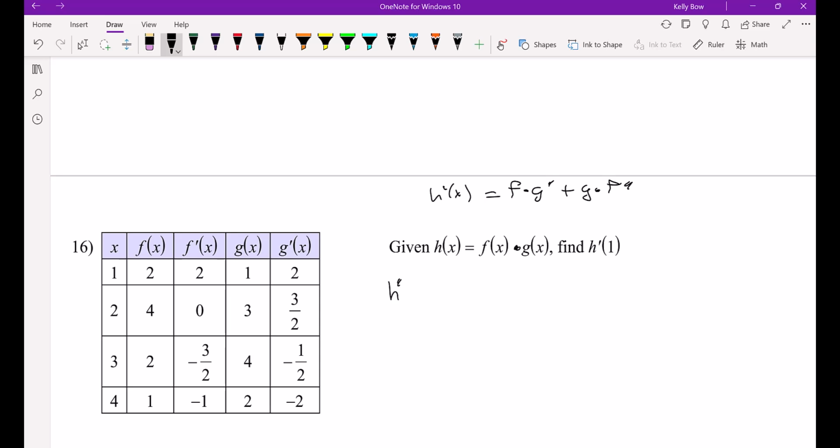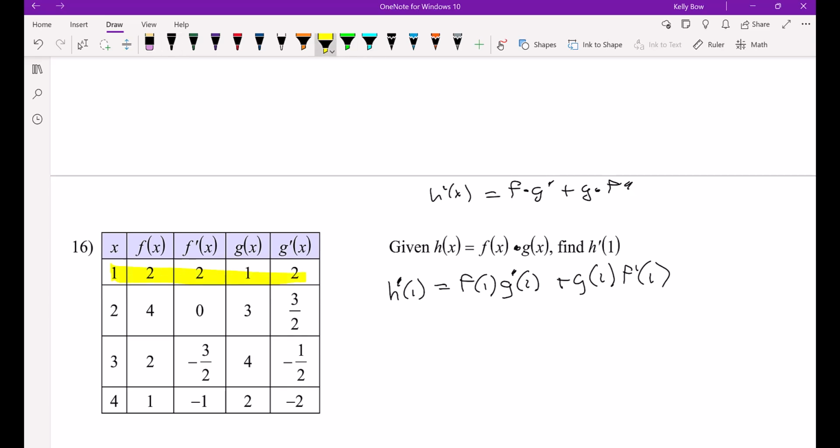So the derivative of h when x is 1 is f of 1 times the derivative of g of 1 plus g of 1 times the derivative of f of 1. If you organize the information this way according to whatever the derivative rules are, and you plug the x value in, it's going to make it way easier.